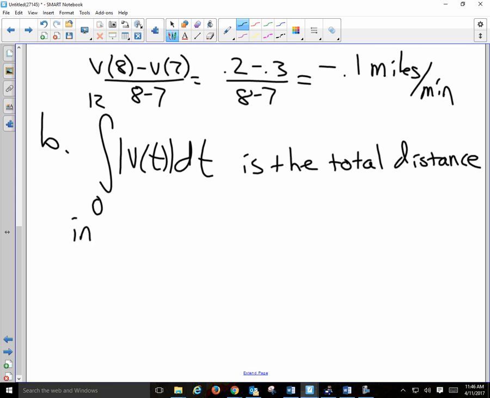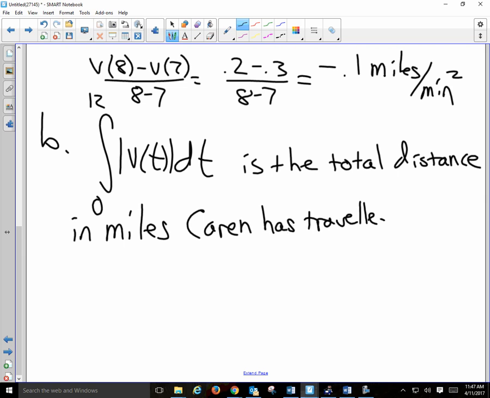Measured in? Oh, acceleration. Thank you. Total distance in miles. Karen has traveled from time equals 0 to time equals 12.